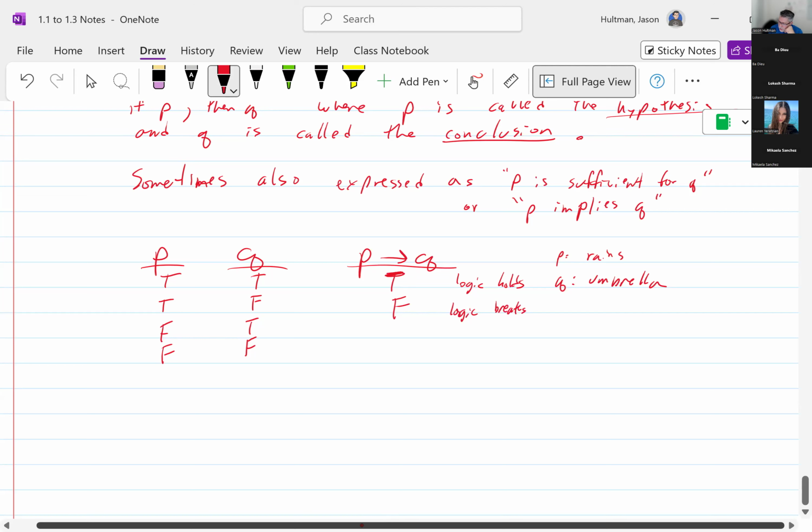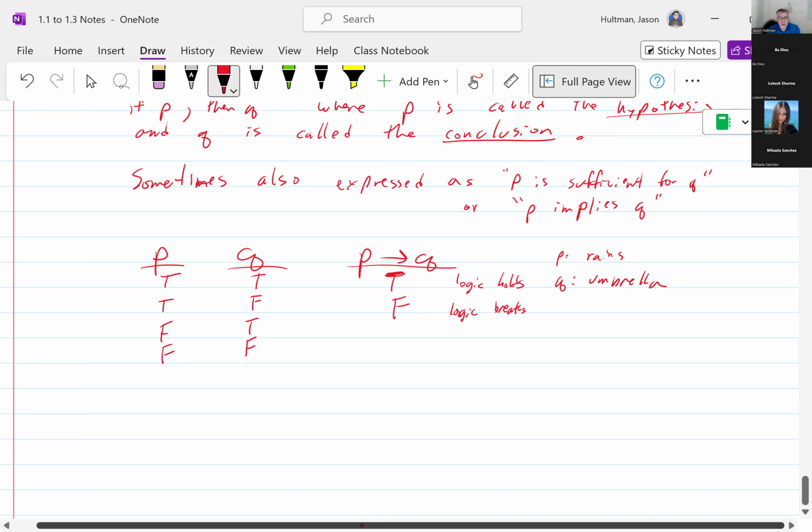Then raining and umbrella are no longer linked. If I'm not carrying my umbrella and it's raining, then you cannot say logically that if it rains, I carry my umbrella, because I have shown you to be a liar. The logic has broken.